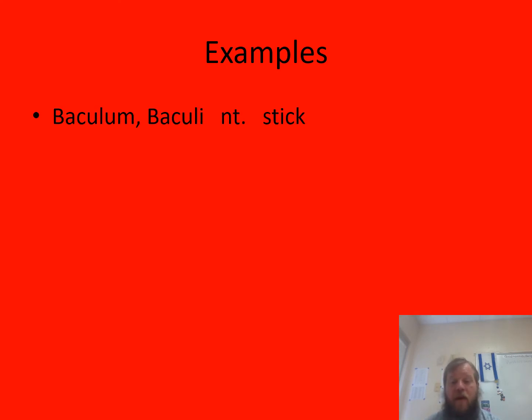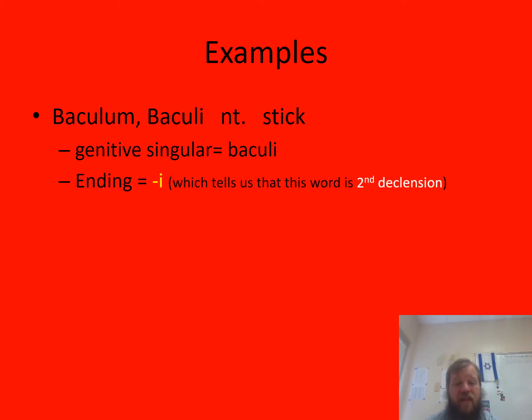Then baculum, baculi. What's our genitive singular? It's baculi. What's the ending on baculi? It's I. So we know this word is second declension. If we remove the I from the genitive singular, we get a stem of bacul. And finally, pater, patris.